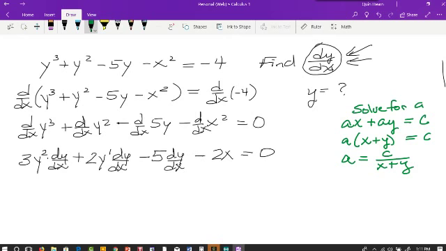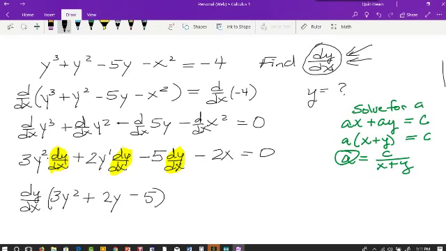Okay, so in this simpler example, the variable was a. In our example, our variable is dy dx. But see how dy dx appears in multiple terms? So we're going to factor that dy dx out. So factoring out dy dx, we're left with 3y squared plus 2y, and that's a y to the first, not a prime, minus 5, minus 2x.